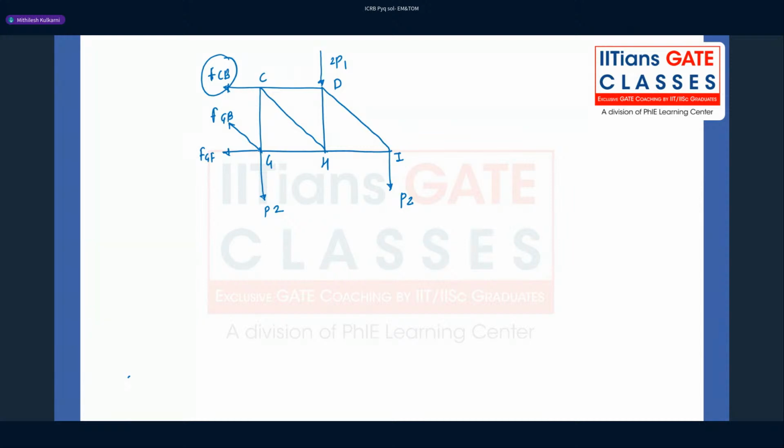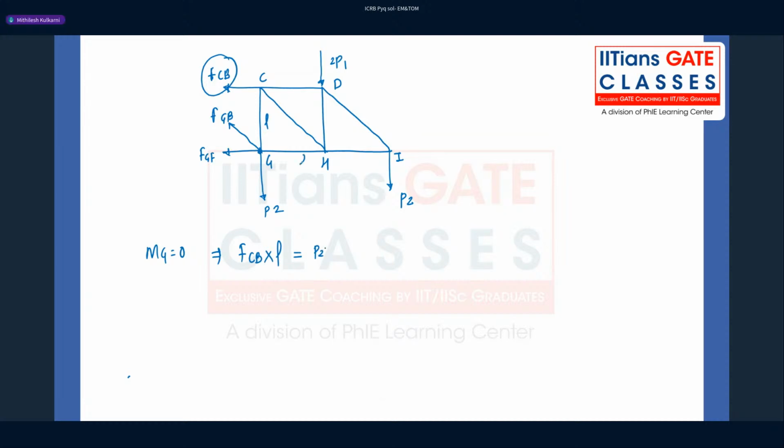So if we take the moments about point G and equate it to 0, then the moment will be created by the force in the member BC, which is at a distance L, and that is a counterclockwise reaction. In order to balance that, we'll have the two clockwise reactions coming from this 2P1 and P2.